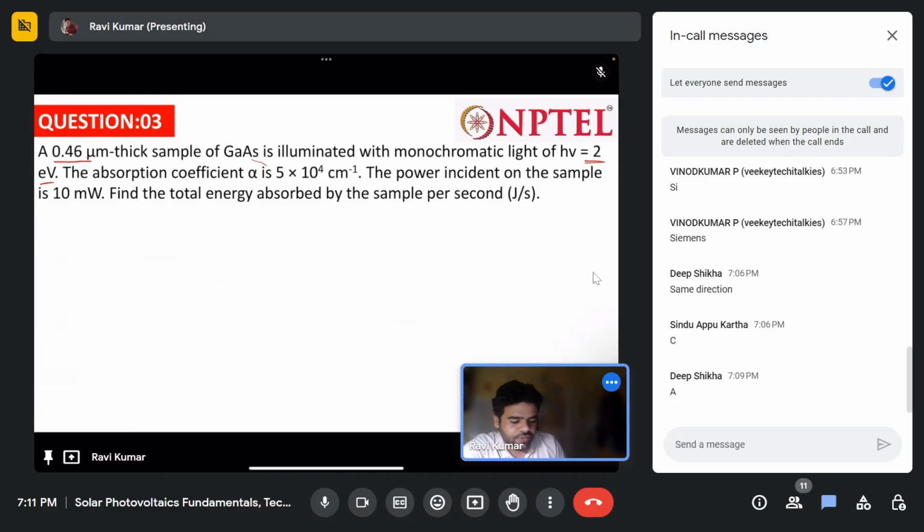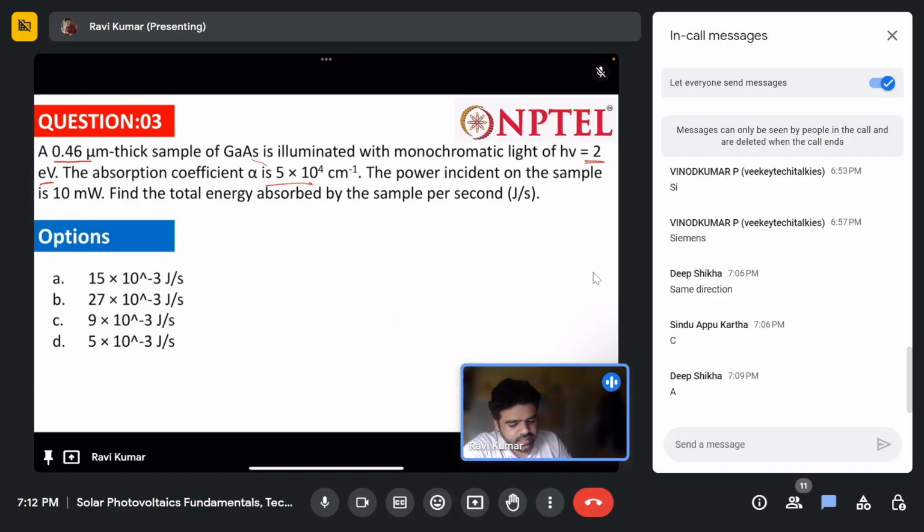The absorption coefficient alpha is 5 into 10 power 4 per centimeter. These are the options. The power incident on the sample is 10 milliwatt. Find out the total power absorbed by the sample per second. Joule per second means what?